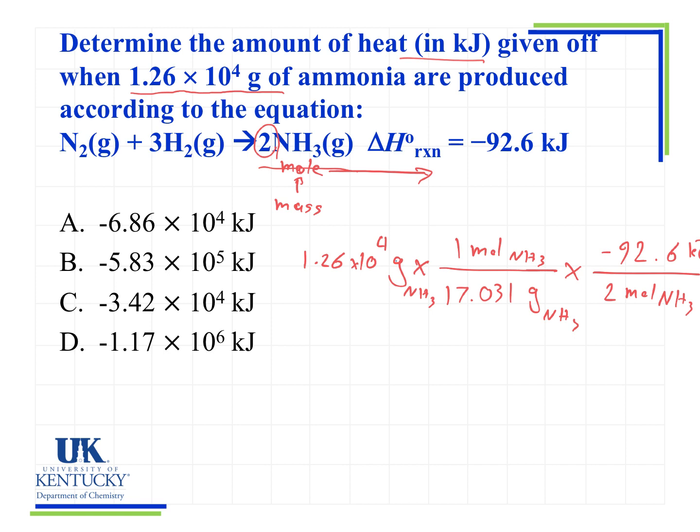So gram of ammonia cancels with gram of ammonia, mole of ammonia with mole of ammonia, and we end up with kilojoule. You just put these numbers in the calculator and come up with a number, and that equals negative 3.42 times 10 to the 4 kilojoule. So therefore the answer is C.